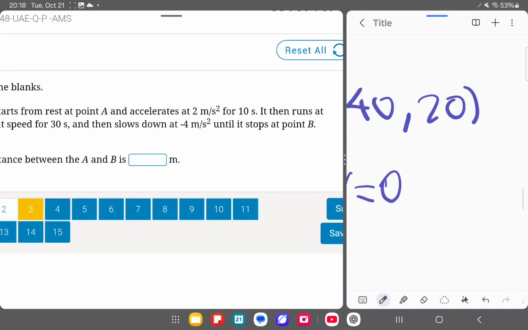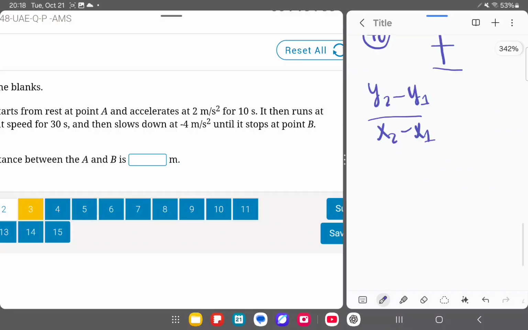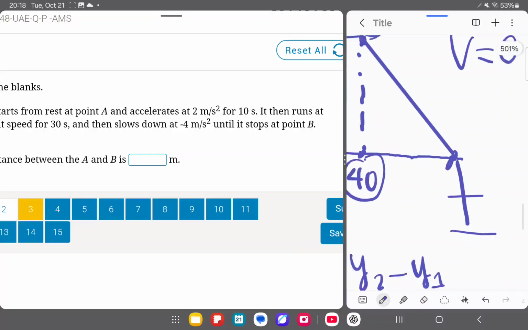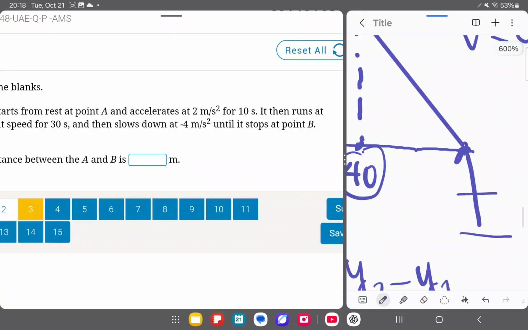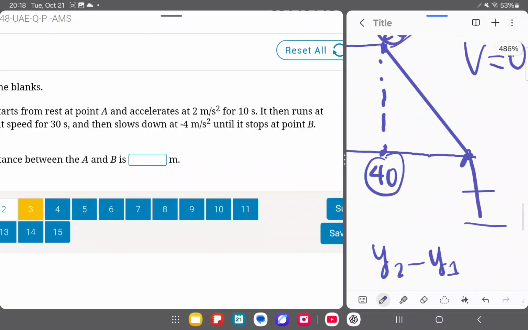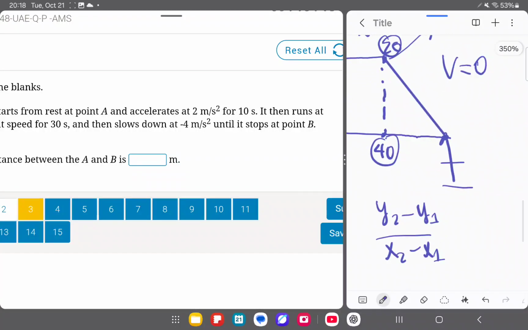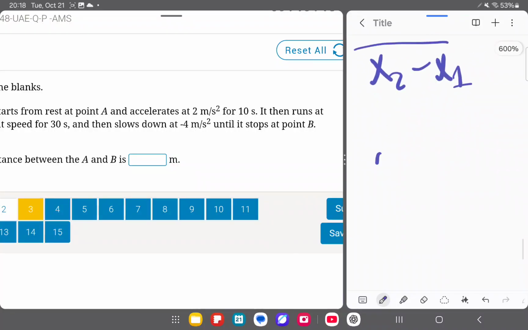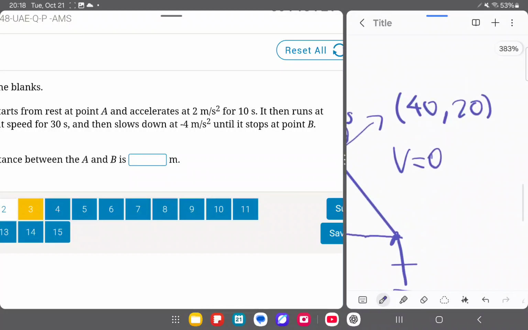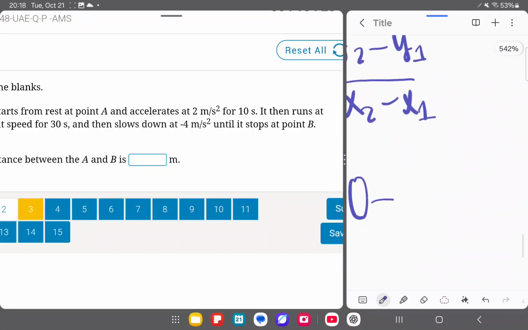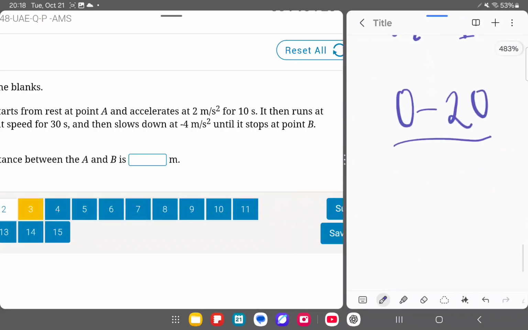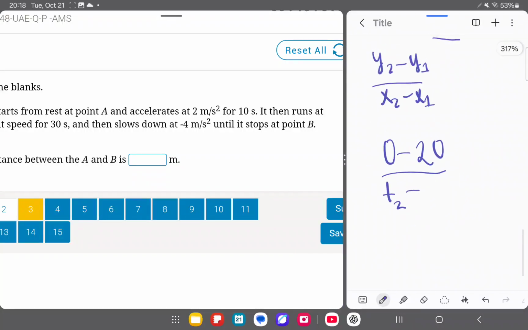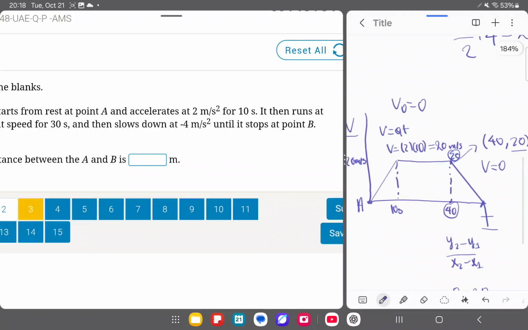We know that y2 is 0, because when it intersects the t-axis, the velocity is 0. So we have 0 minus 20 over x2, which is still unknown, so we call it t2, minus x1, which is 40.